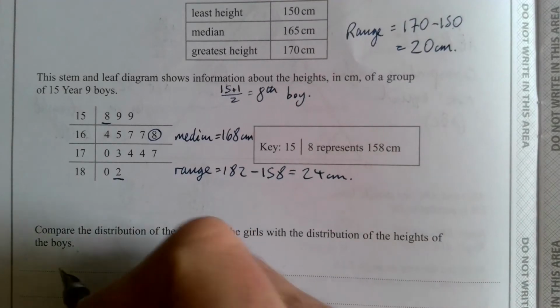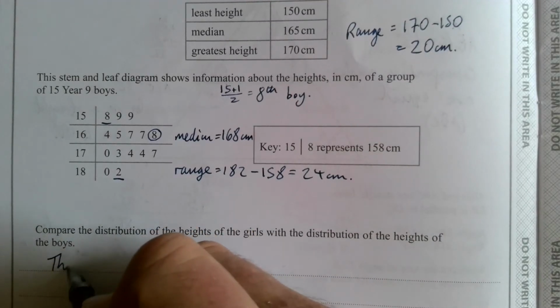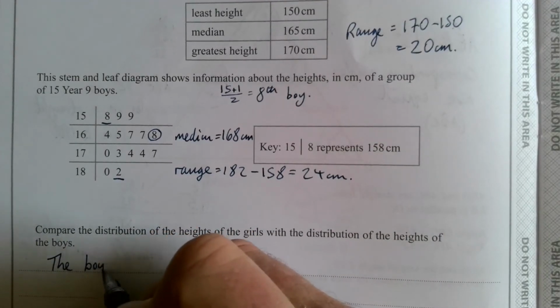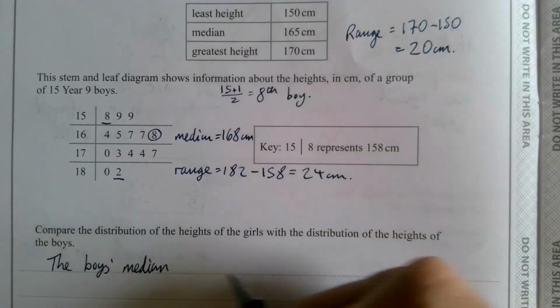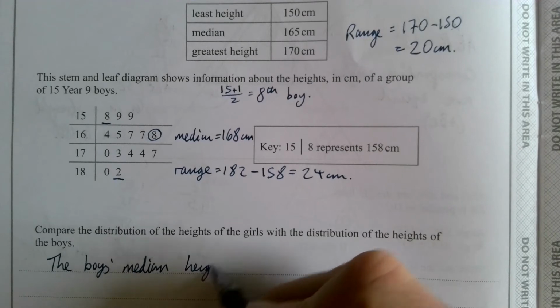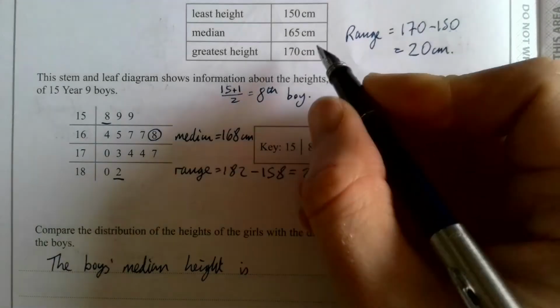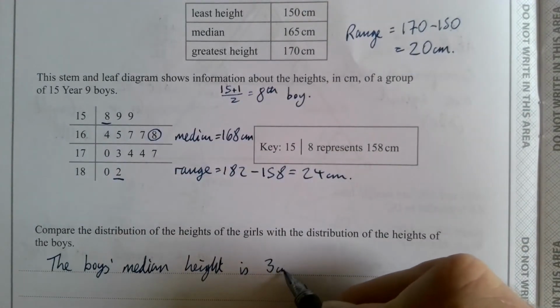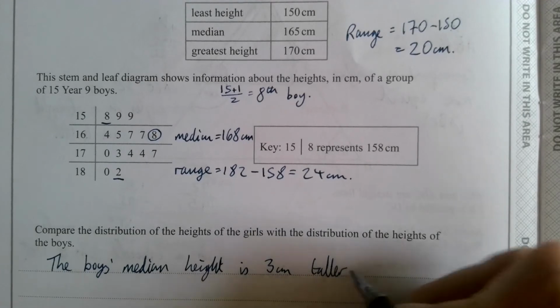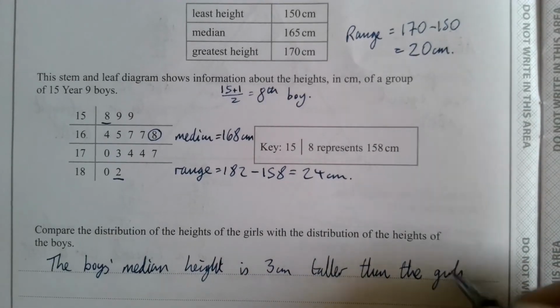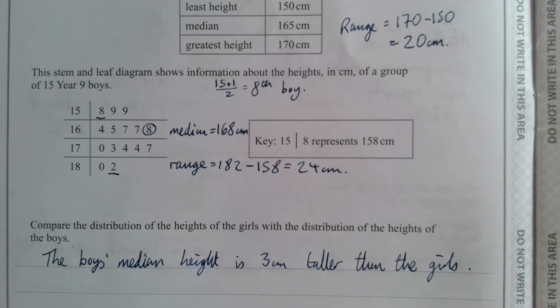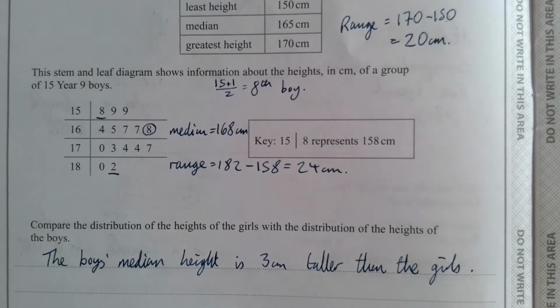You can say the boys' median height is 3 centimeters taller than the girls. So that's one thing. And then the other thing is the range.